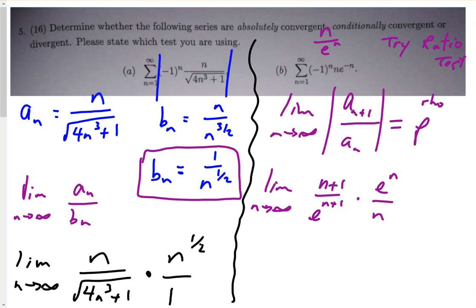Okay, so another way to write this is n plus 1 over e to the n times e, right? We can split up e to the n plus 1 as e to the n times e, and then we can cancel the e to the n's. We have e to the n and e to the n.